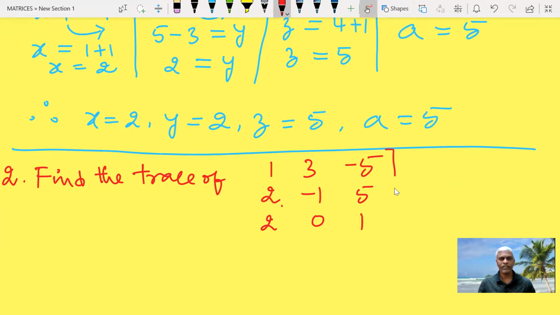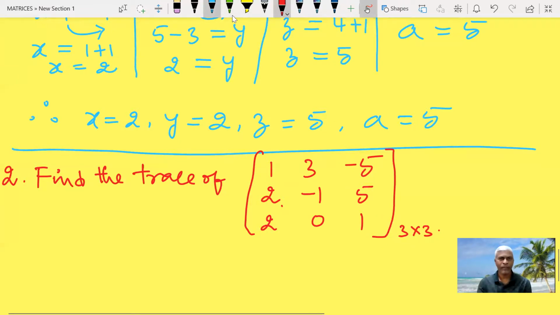So this is a square matrix of 3 by 3. We have to find the trace.